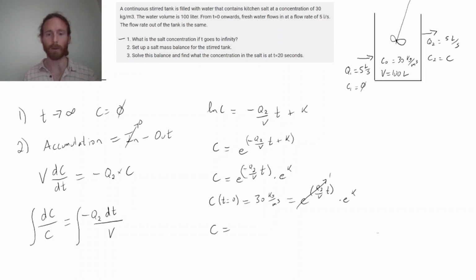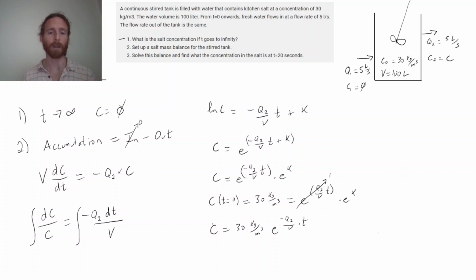Concentration equals e to the power of K, or 30 kilograms per cubic meter, times e to the power of negative Q2 over V times t. This is our mass balance, and we can just look at it to see if it makes sense.